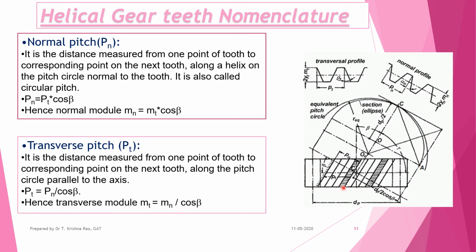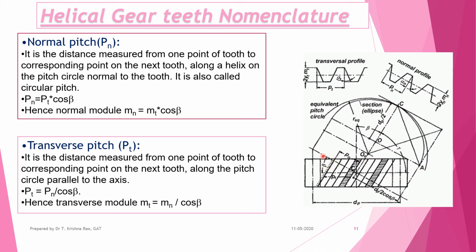There are two sections for the helical gear. If you take a section perpendicular to the axis of the gear, this section is called the transverse section.